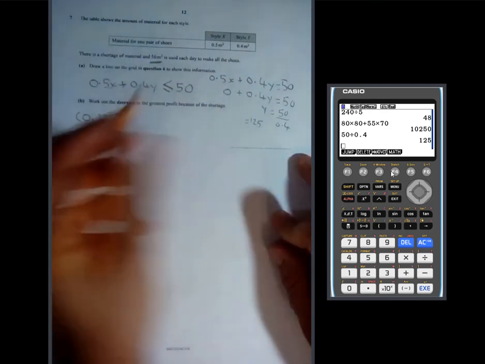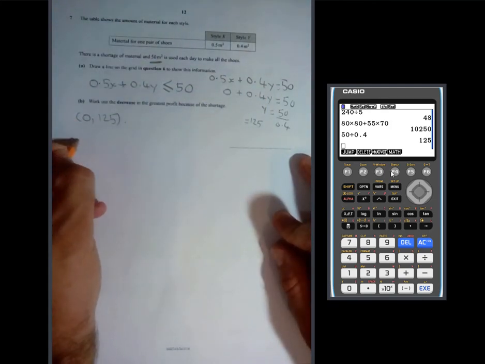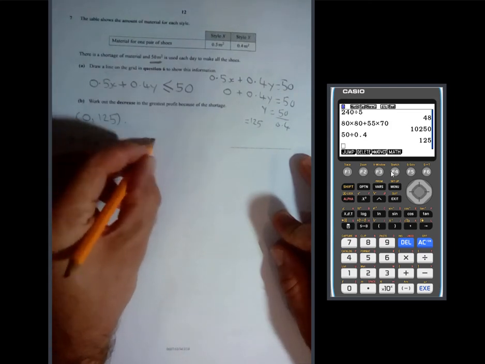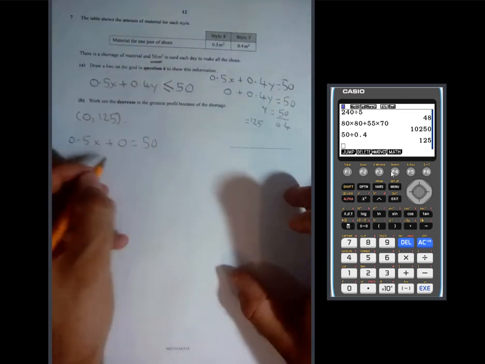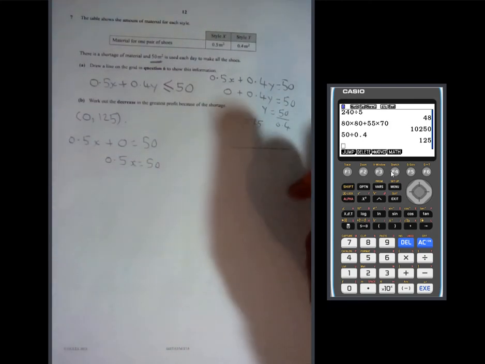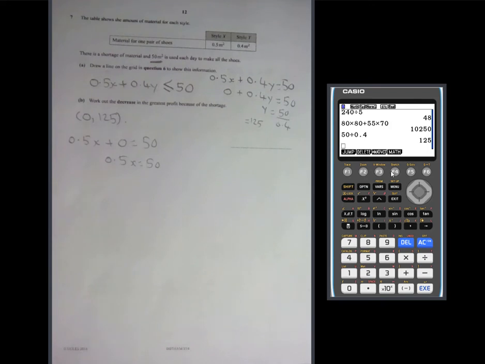For y being 0, that would mean 0.5x plus 0 equals 50. So 0.5x equals 50. That's saying a half of x equals 50. Yes, you should be able to do this without a calculator, but I would rather you didn't get it wrong.